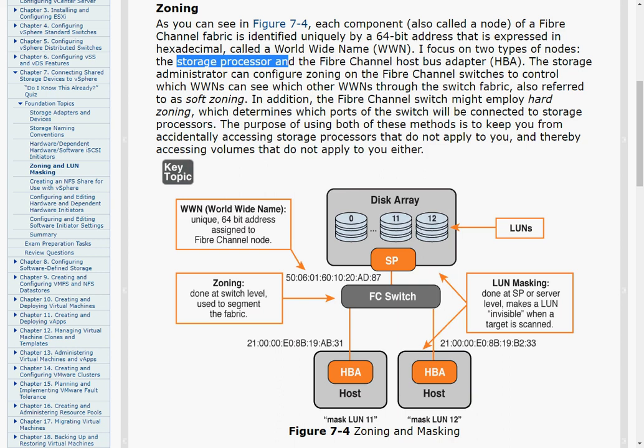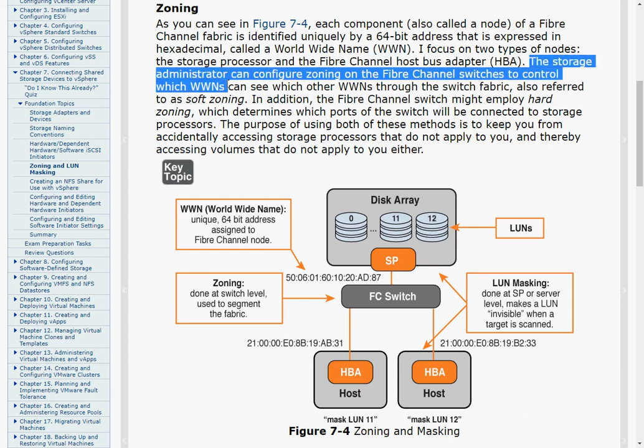Zoning is the idea of deciding who can see each other, and there are two different types. The storage administrator can configure the zoning on the fiber channel switches to control which worldwide names can see each other. Okay, and so I'm going to configure this and say, can this see this?